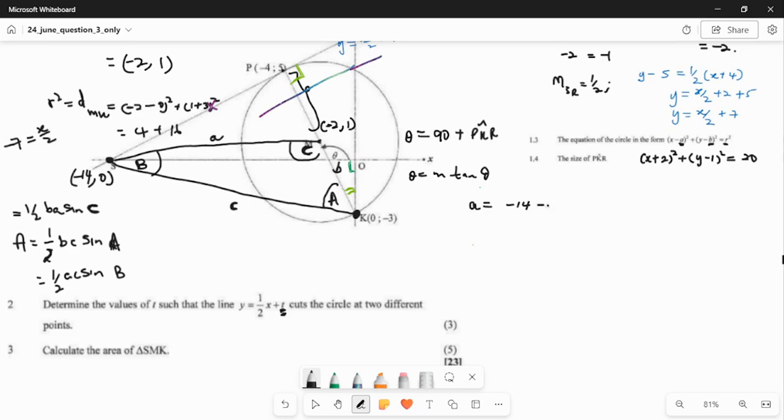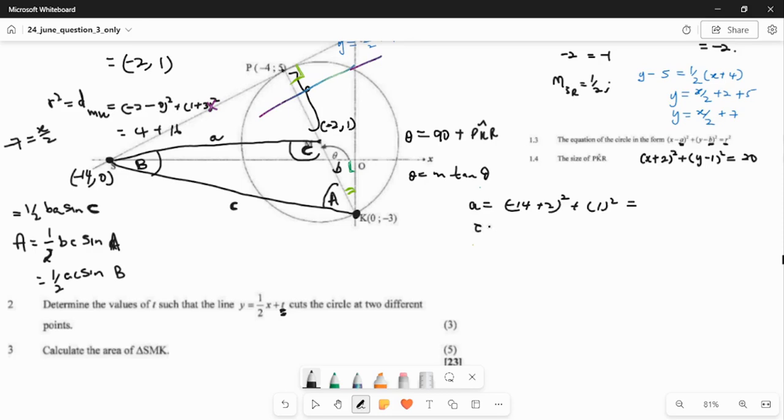Negative 14 minus, okay, it's plus 2, all squared, plus 0 minus 1, which is just 1 squared, and then this is my distance of A.